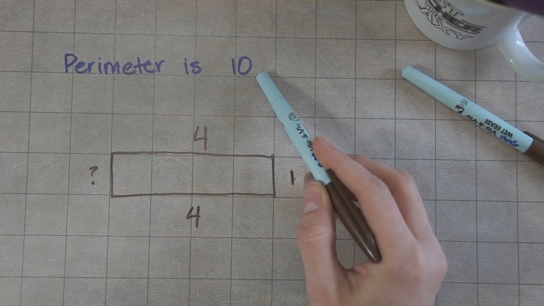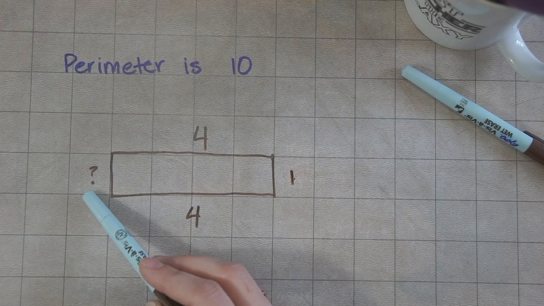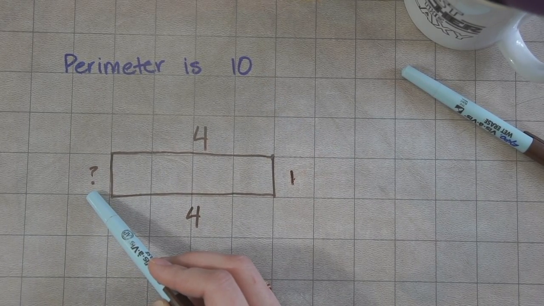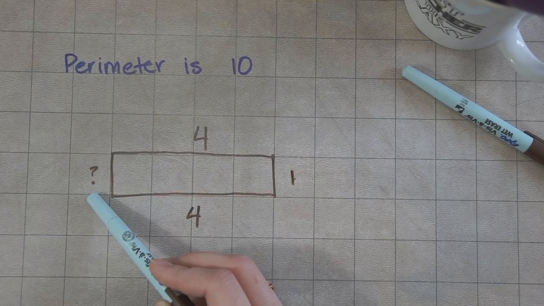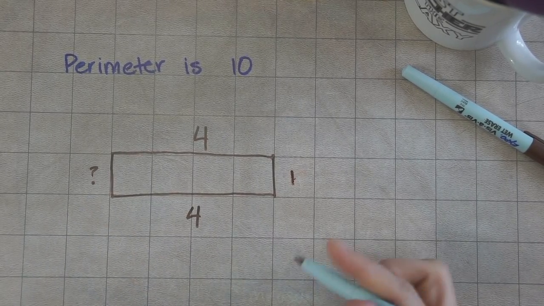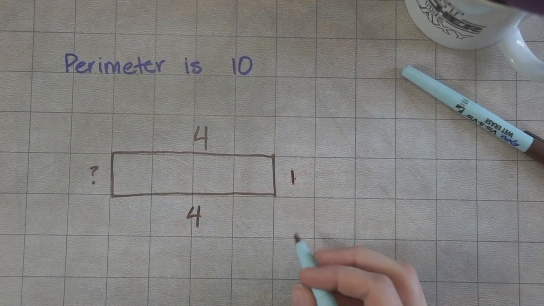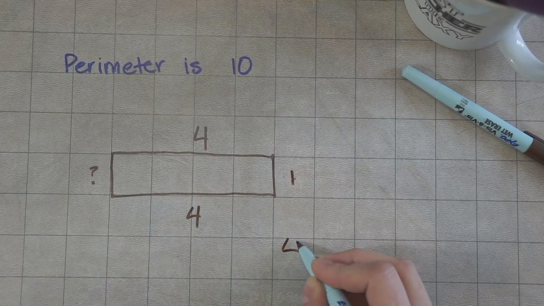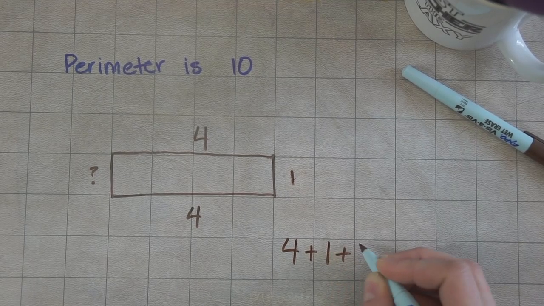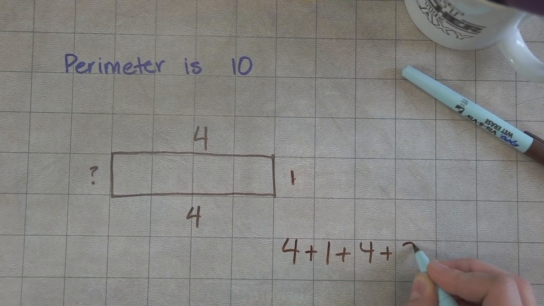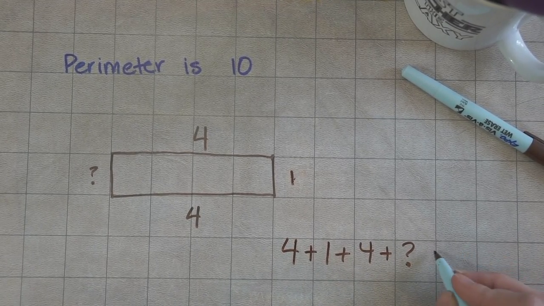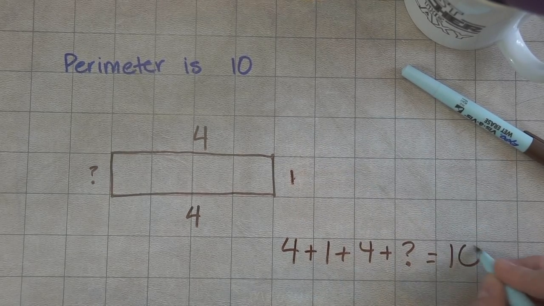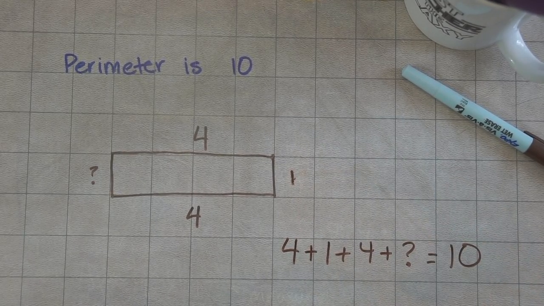They've given you the perimeter, but there's a mystery number in one of the dimensions, one of the measurements. You can solve that by writing an equation with the mystery number in it. We know that to find the perimeter, we have to add them all up, plus mystery number, something, and we know that it equals 10 altogether as the perimeter.